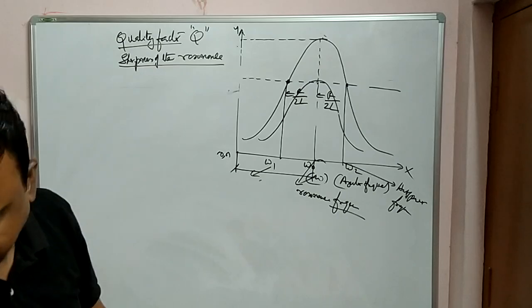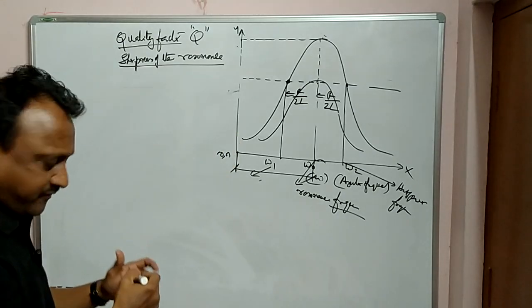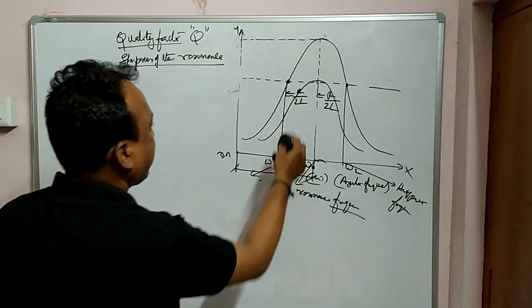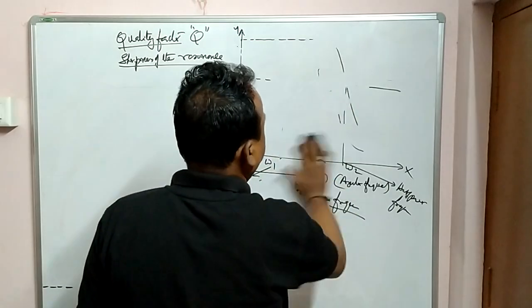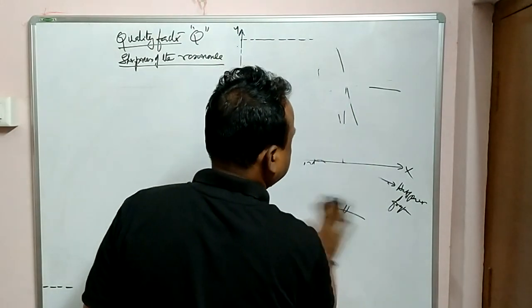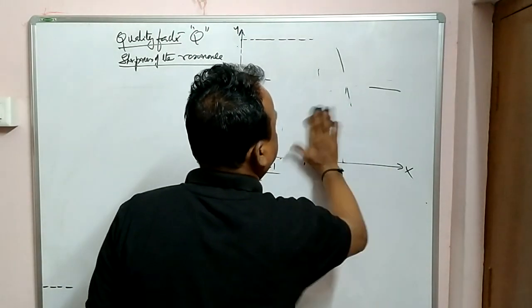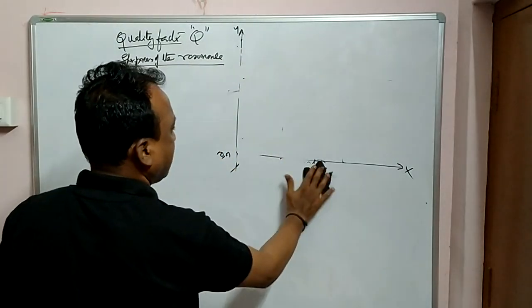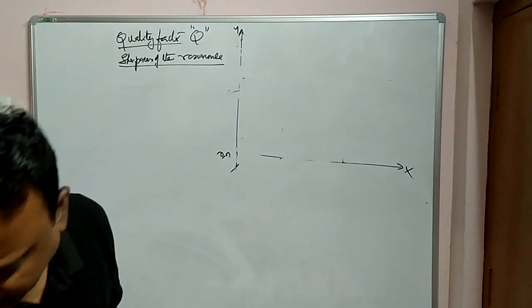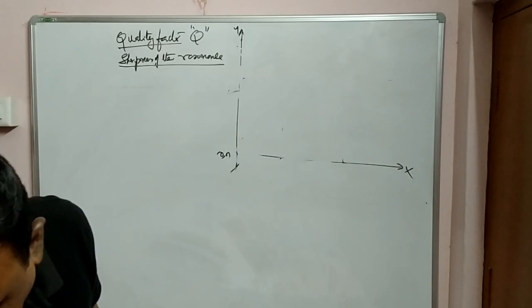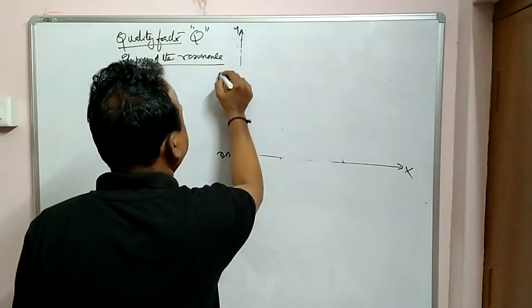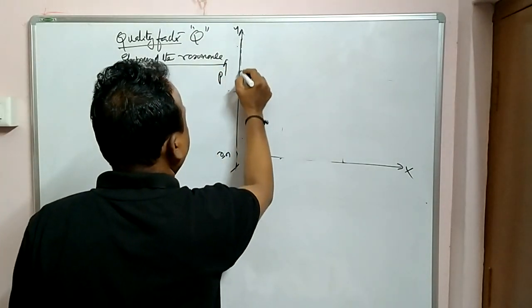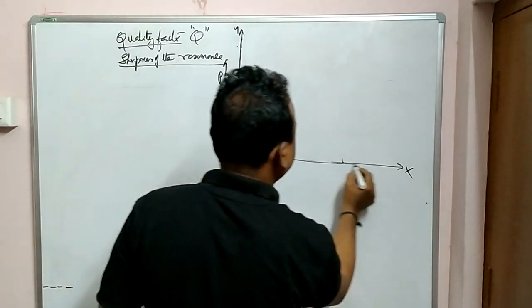What does sharpness depend on? That you can again locate from the graph. Again I am drawing the graph. Quality factor depends upon the graph sharpness. For example, take a graph of power versus frequency.